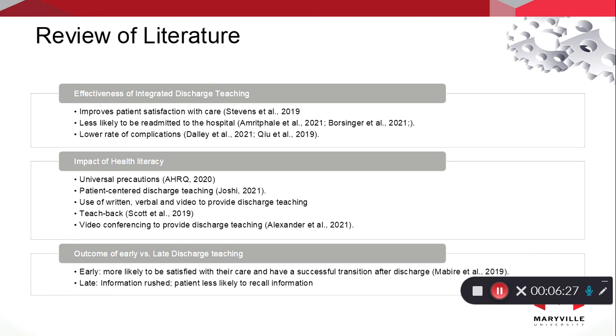We can effectively prepare patients to transition back home with our teaching methods, by the use of written materials, verbal, video, and also by providing discharge teaching in such a way that the patients are able to take part in the process.